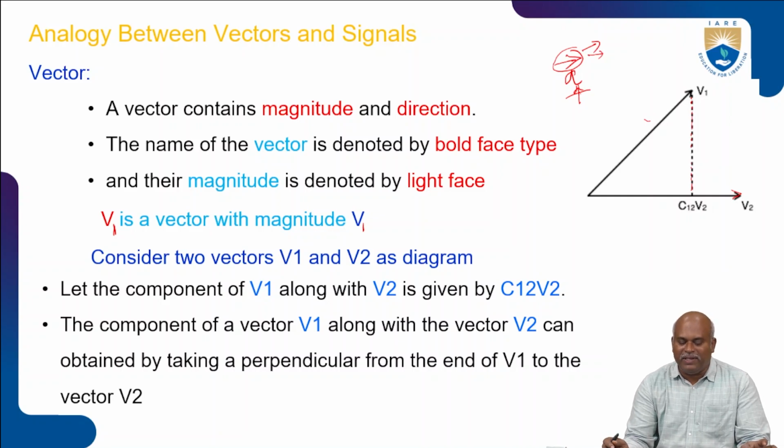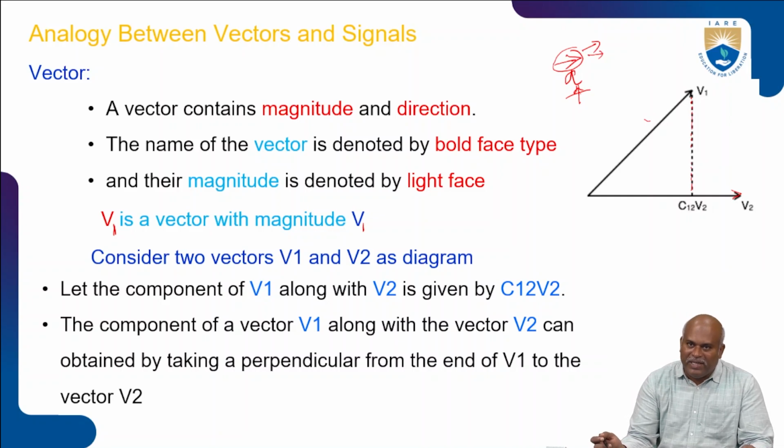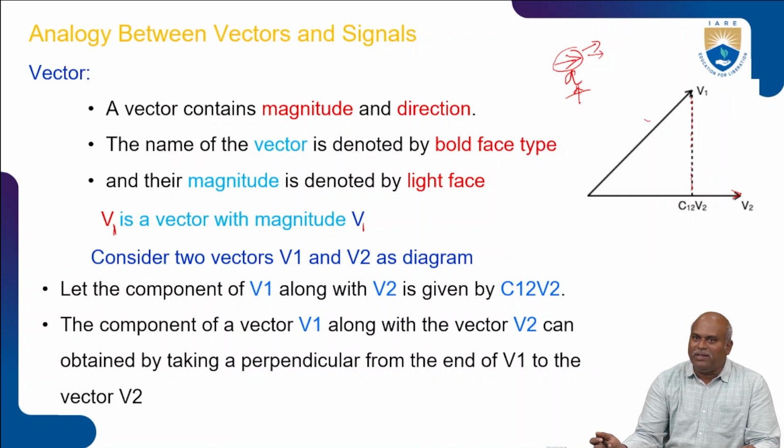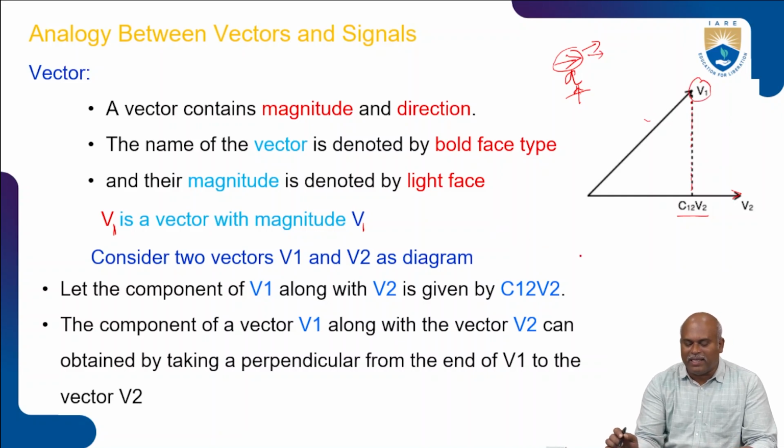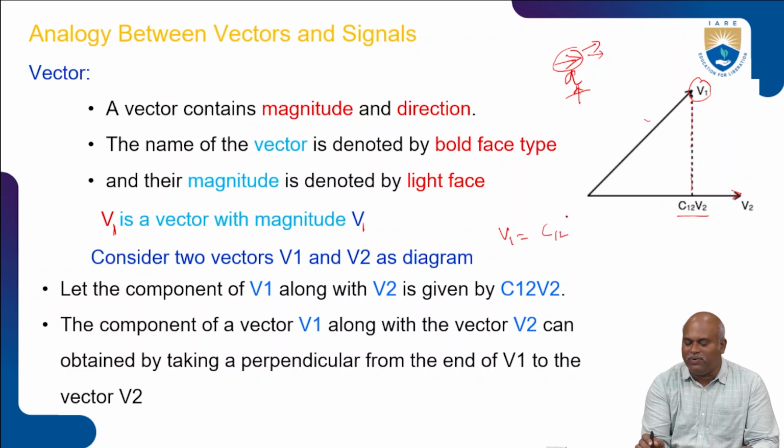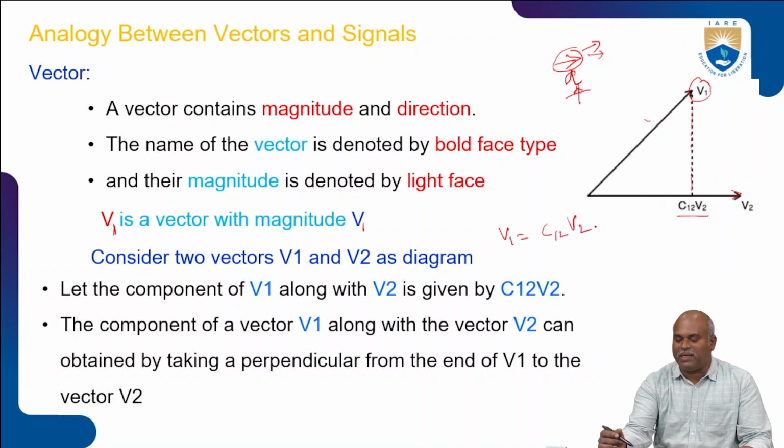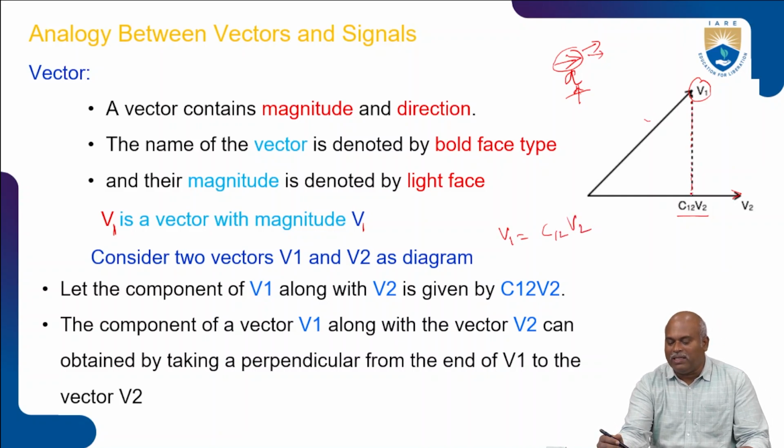Next, let us consider V1 with V2, given by C12 V2. If I represent vector V1 by analogy with vector V2, I write V1 is equal to C12 V2. The magnitude is perpendicular to the V2 vector.